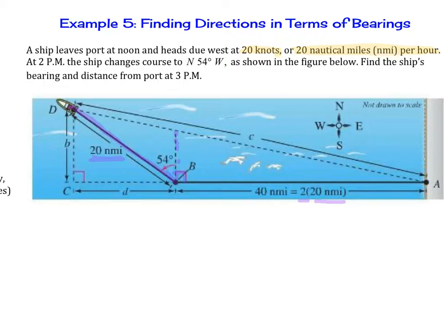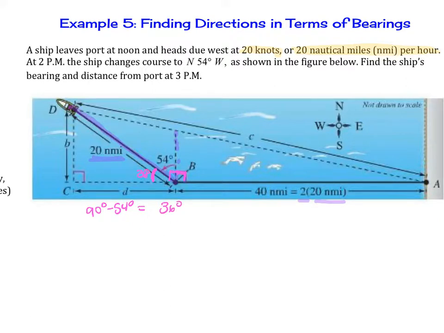So let's take a look at some pieces that we want to solve. So let's take a look at the degree here. How many degrees is that angle? So if this right side is 90 degrees, this should also be 90 degrees. So therefore, to find this angle here, we take 90 degrees minus 54 degrees, and that gives us 36 degrees.